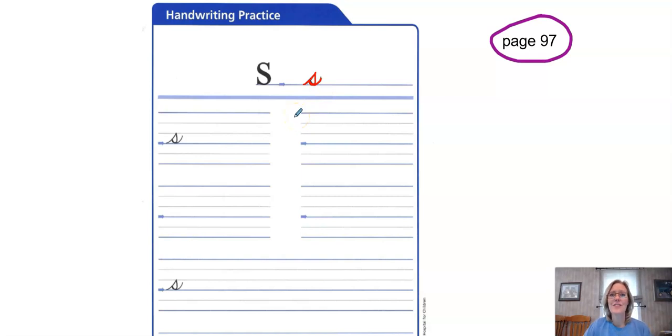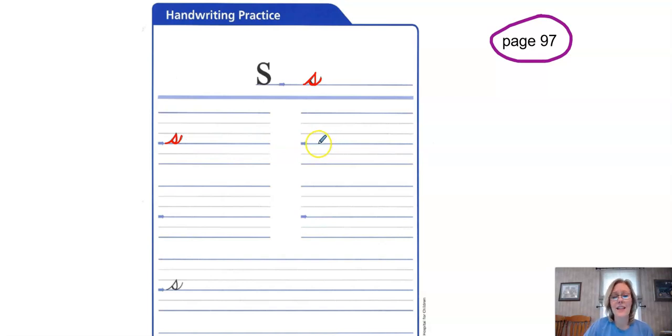Now it's your turn to try. I would like for you to name and trace this letter. That means you say its name, and let's even say its sound when we're done. Start on the baseline. S, Z. Now, let's go next door. We're going to name it and make a copy.